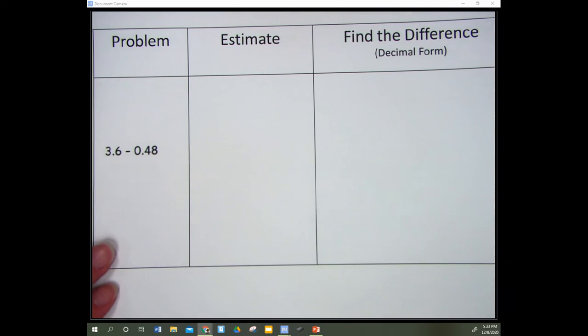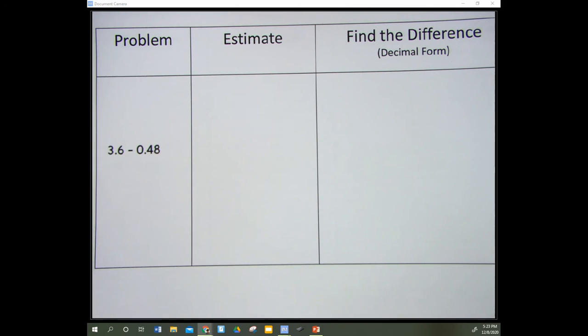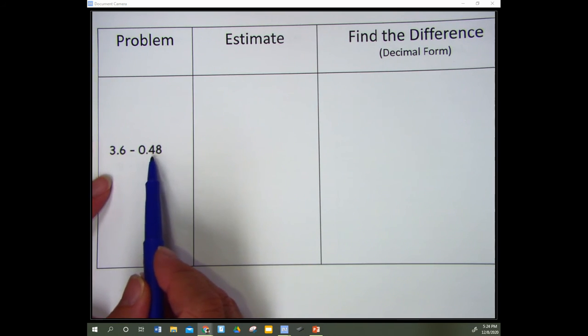All right, try this one. What is your estimate for 3 and 6 tenths minus 48 hundredths? On this one, there are a couple different ways you could approach this. Here's what I'm thinking. I'm thinking 48 hundredths, that's almost 50 hundredths, right?